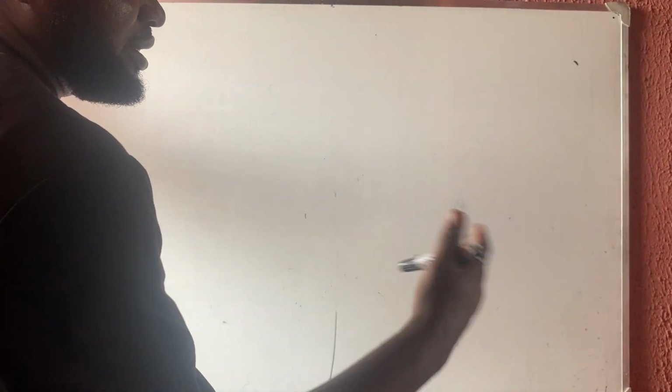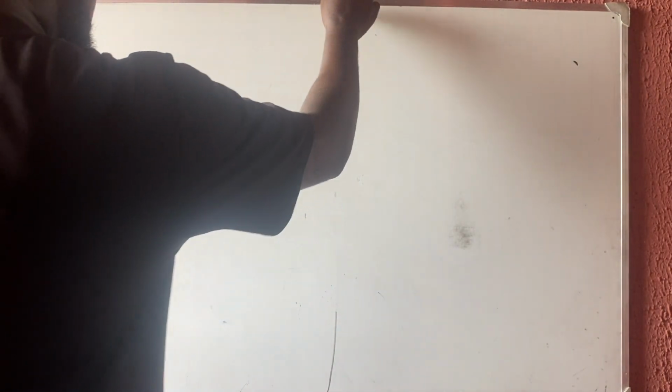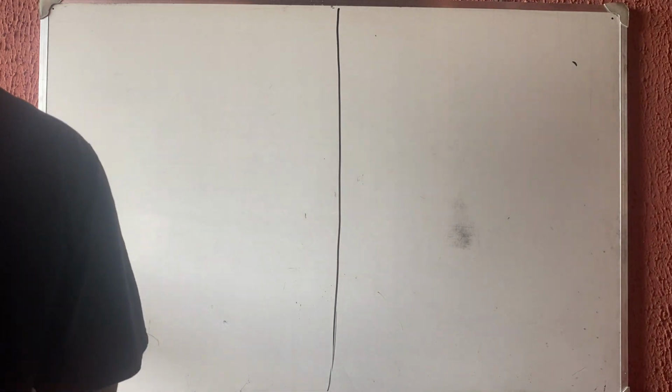The vertical displacement: displacement is distance, where you stopped minus where you started, so it is the difference between the real and the apparent. Apparent means where it appears to be, not the real one.